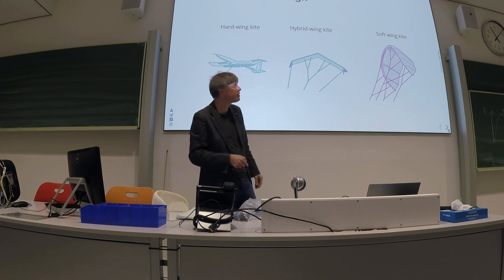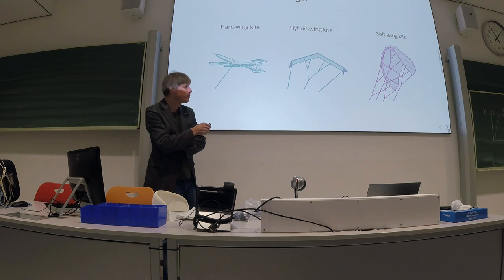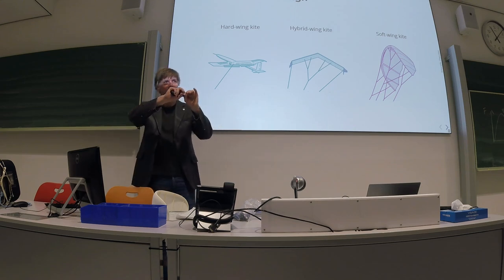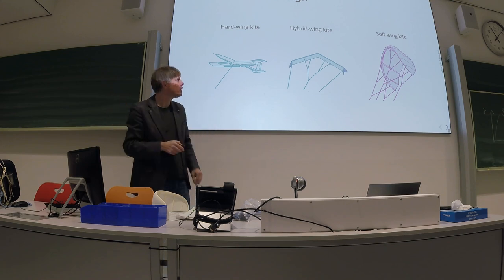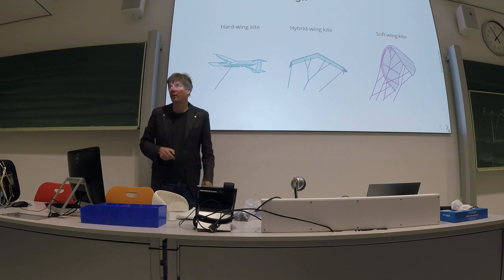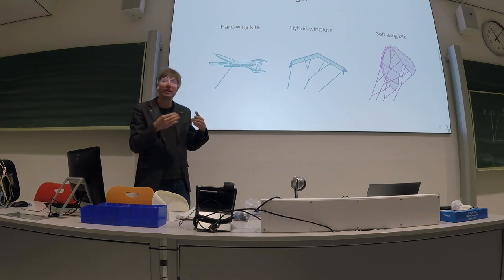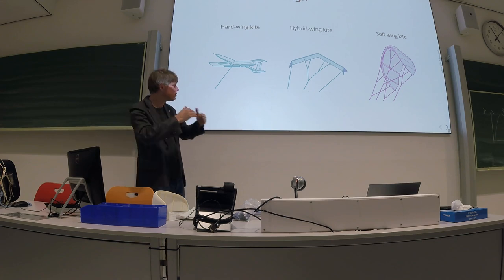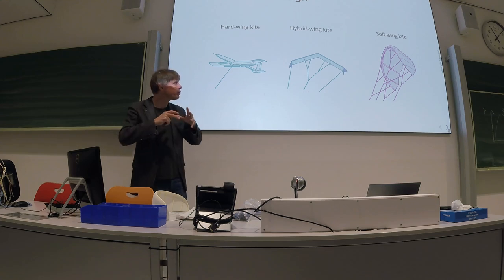And in between, this hybrid kite, in this example, this is the inner kite wing, you have carbon fiber spars, and the canopy itself is a textile that is forming the aerodynamic surface, and it's treated with chemicals to put it under tension.